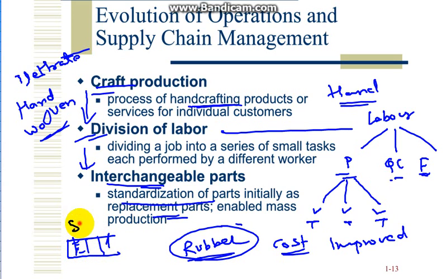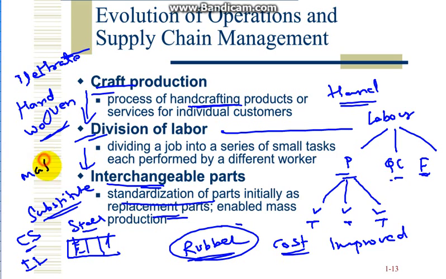Steel was replaced with iron. A lot of substitutes were invented, so that it was easy to save cost as well as improve the life cycle of the product, and it was available en masse. People started using different kinds of interchangeable products in management.